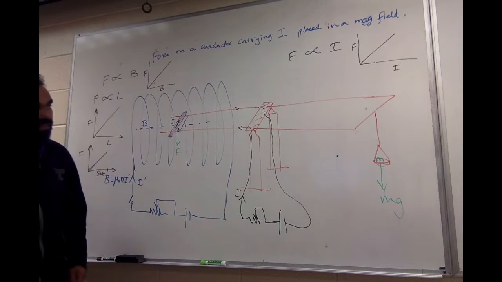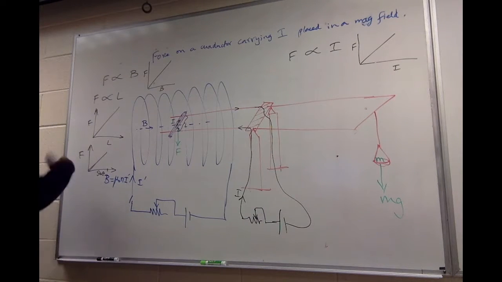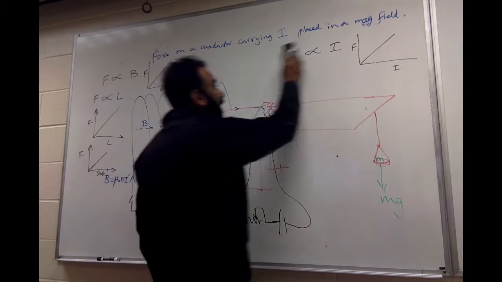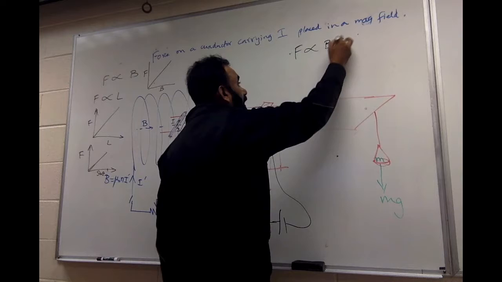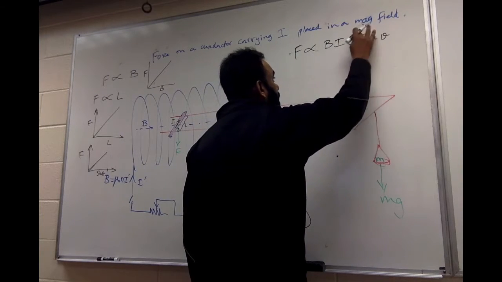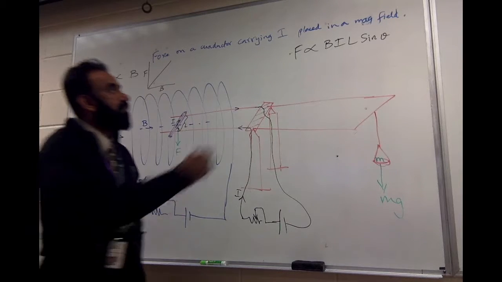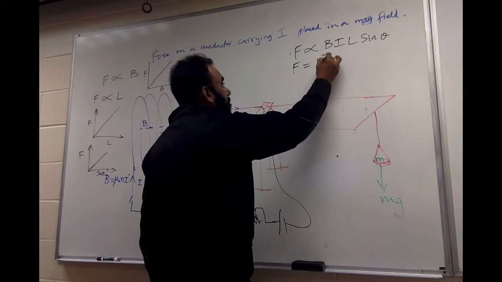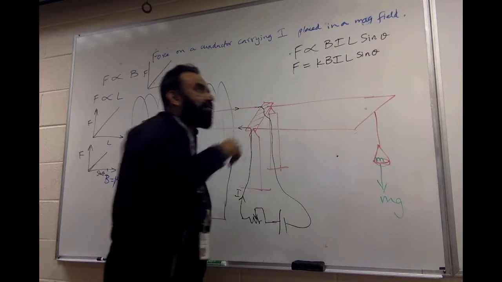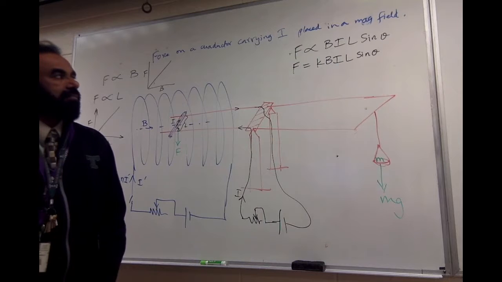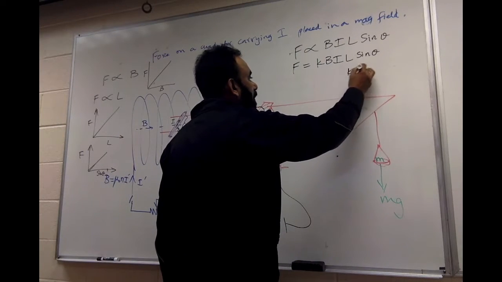Combining all this together, we have F proportional to B, I, L, sine theta. All factors are there, and F is equal to K BIL sine theta. And K is equal to 1.